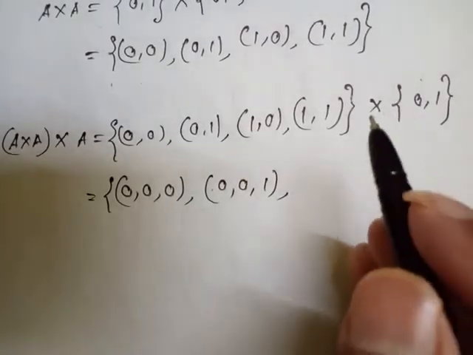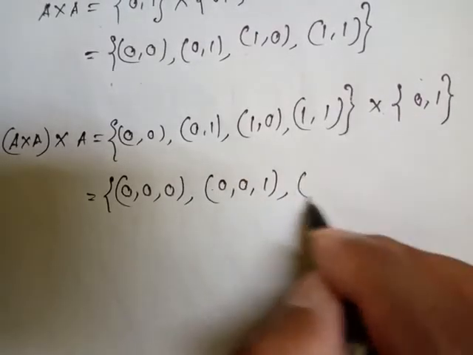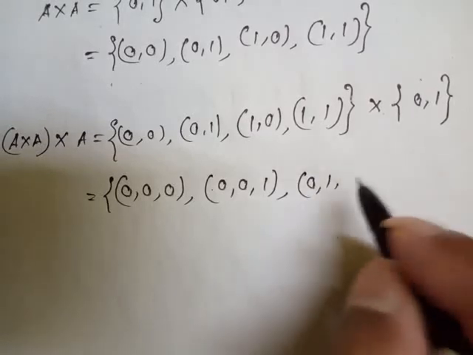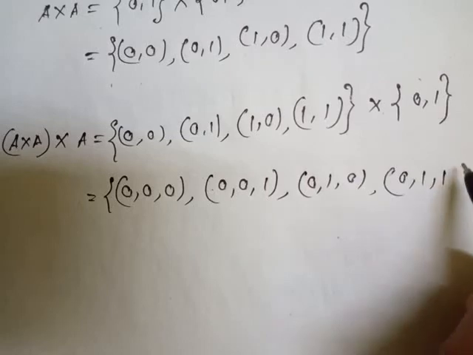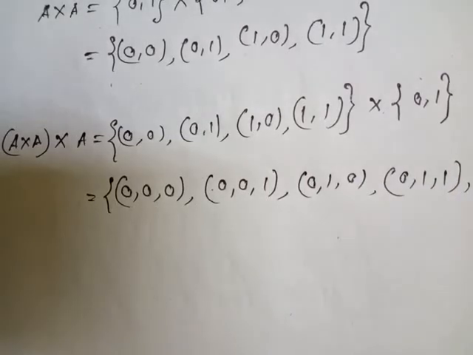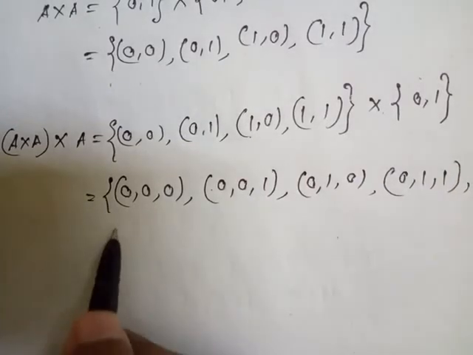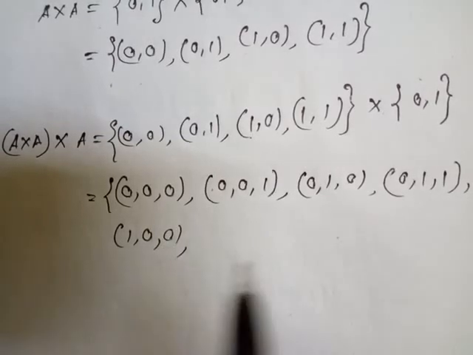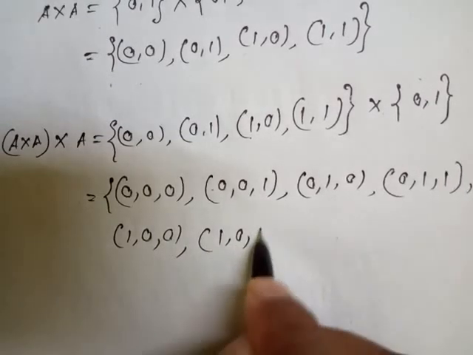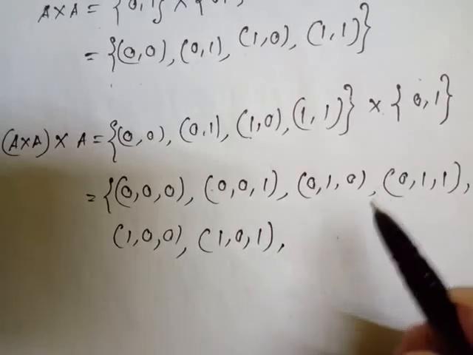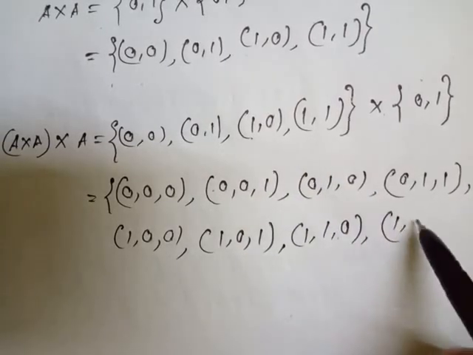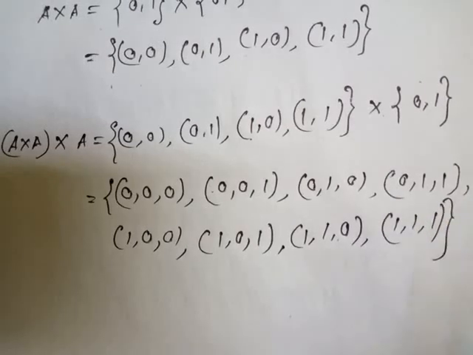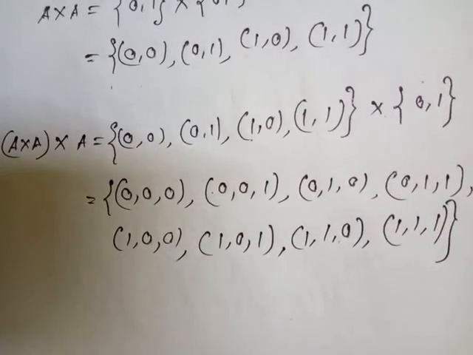Next again 0 comma 1 comma 0 and 0 comma 1 comma 1. Okay, now after that 1 comma 0 comma 0 and 1 comma 0 comma 1. Next is 1 comma 1 comma 0 and 1 comma 1 comma 1. This is the answer of the last question.